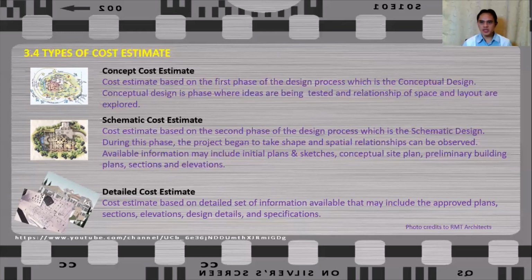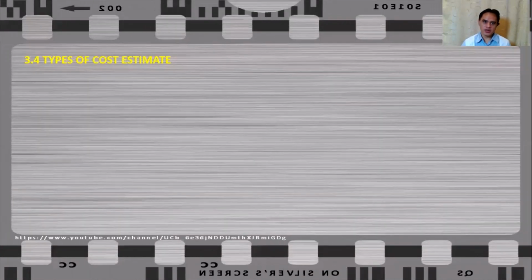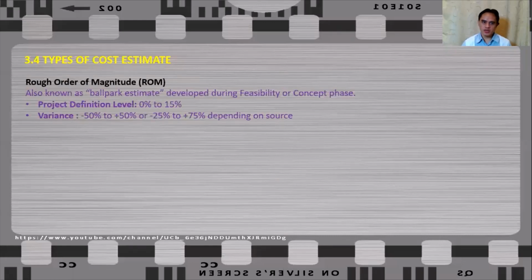On some territories, they are not using the term concept cost estimate or schematic cost estimate or detailed cost estimate. So what you can hear is that there is rough order of magnitude or the ROM. So ROM is also known as the ballpark estimate. This is developed during the feasibility or concept phase.